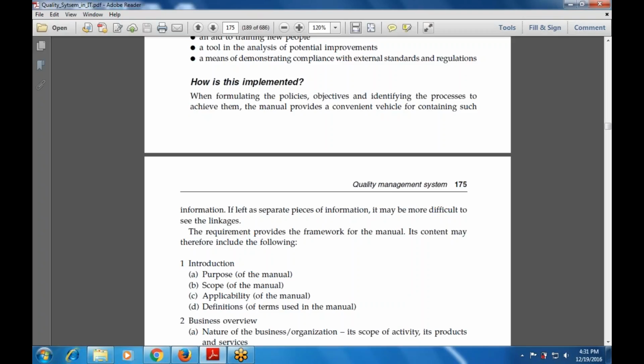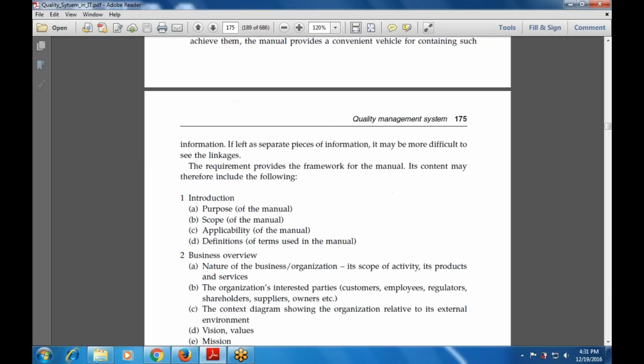Then the scope, which means the validity or the area that the manual covers. Then applicability, whether the manual is applicable in the sales department only or in the production department also. Then definitions of the various terms used in the manual, like standard, rules, and regulations.